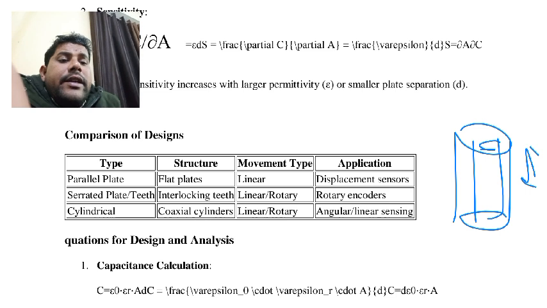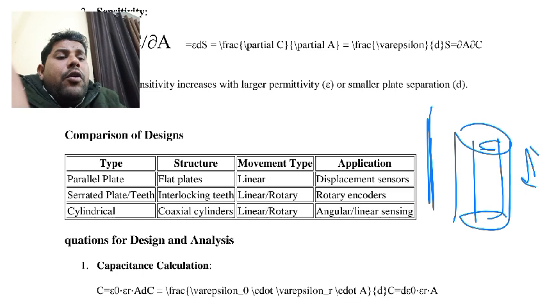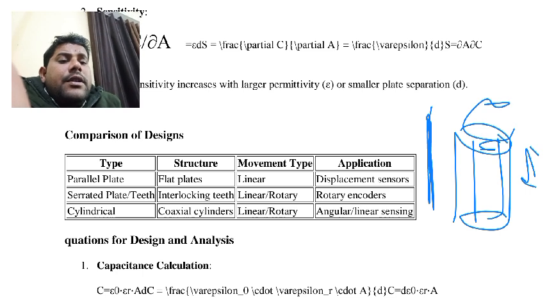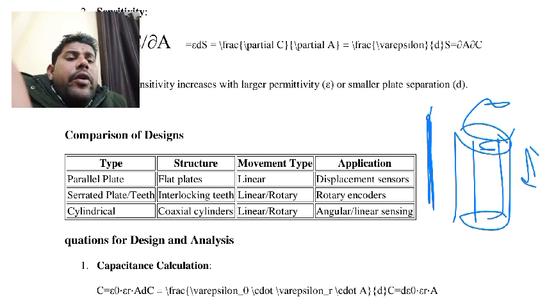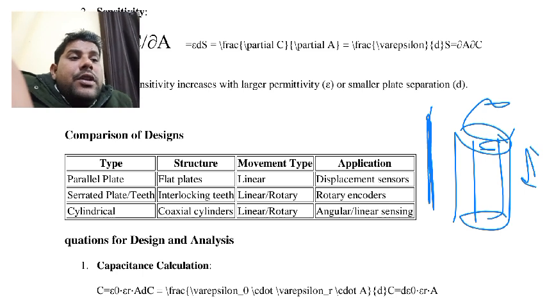So this is the coaxial cylinder movement, linear or rotary. It can move up and down, and the cylinder can also be turned around. The movement can be of any type. These are applications where we can use it as an angular or linear sensing element.